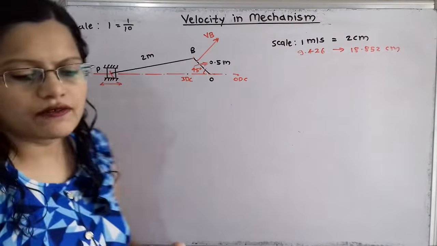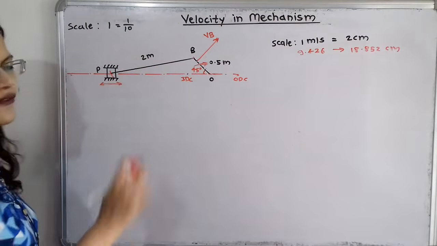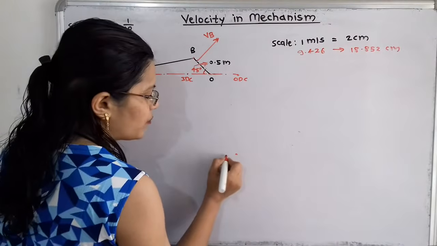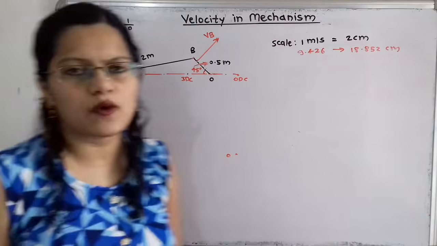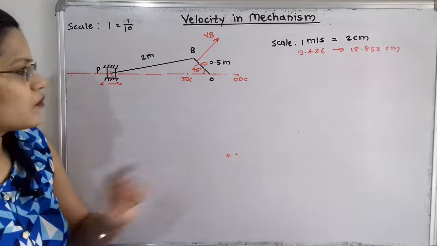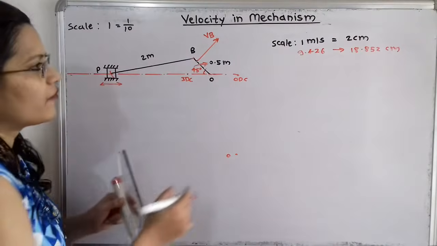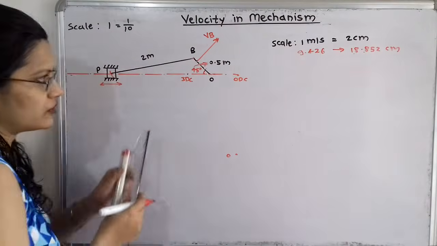Now while we are drawing the velocity diagram, the point O is a fixed point. So for the velocity diagram I will use the small letter, small o. Now I have to draw the velocity vector for this scale, 18.852 centimeter, in this direction.